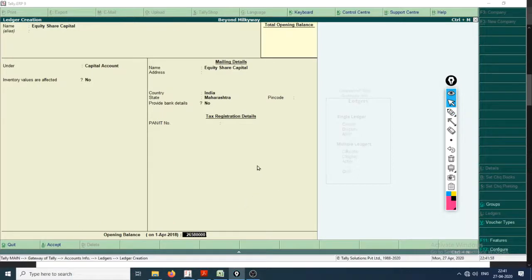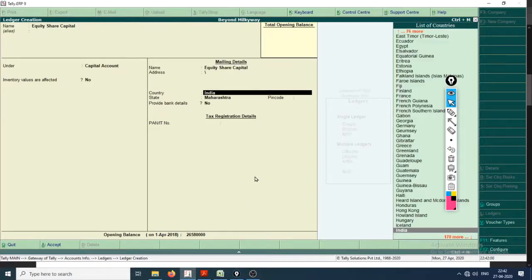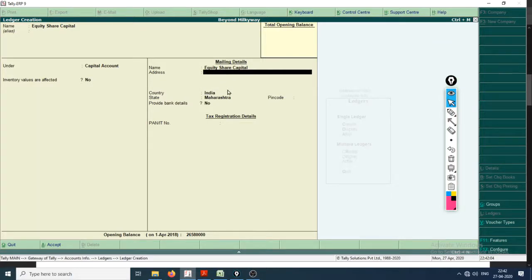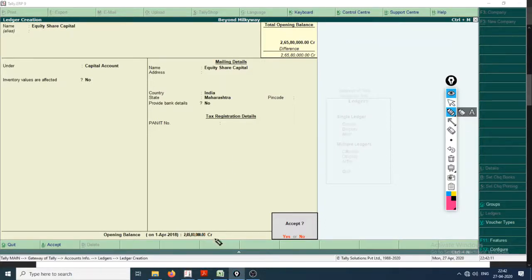Let's move on to the second ledger. Enter. Credit. Okay. So I just want to show you one thing. Whenever you enter an opening balance to any ledger, you correspondingly have to enter a vice versa effect to it.